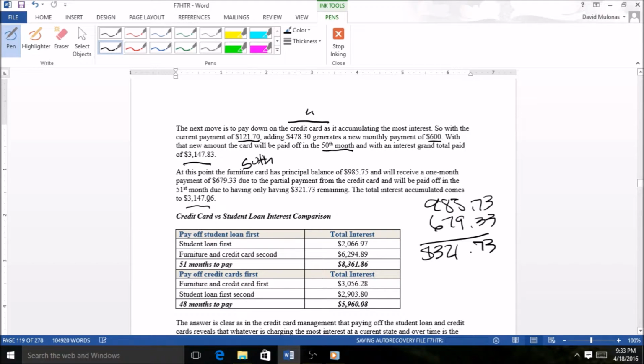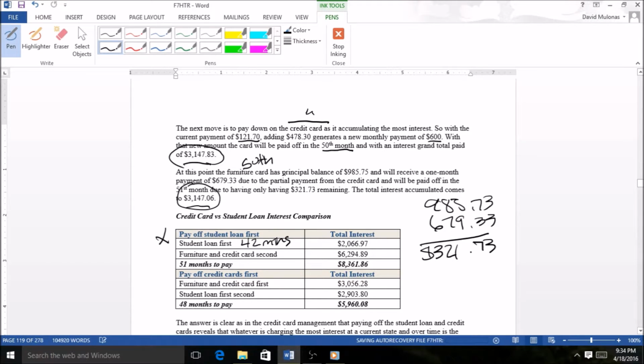Okay, so these are totals, right? So what we find out is that the student loan we already knew was $2,066.97 for the 42 months. Let's abbreviate here. And then these two figures right here were added together because it was the total month. So we just stopped at 42 for a measure upstairs there in a couple pages.